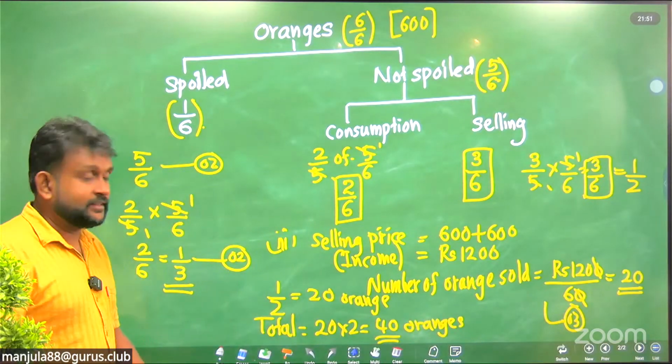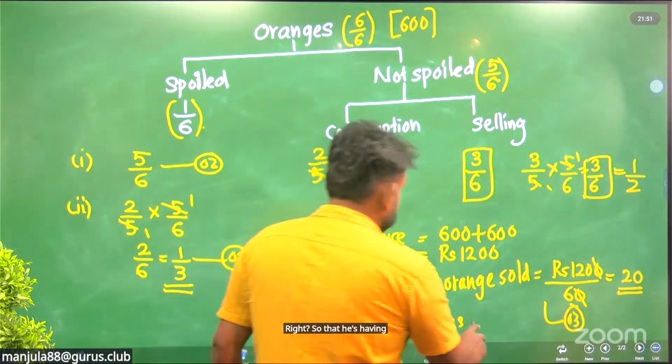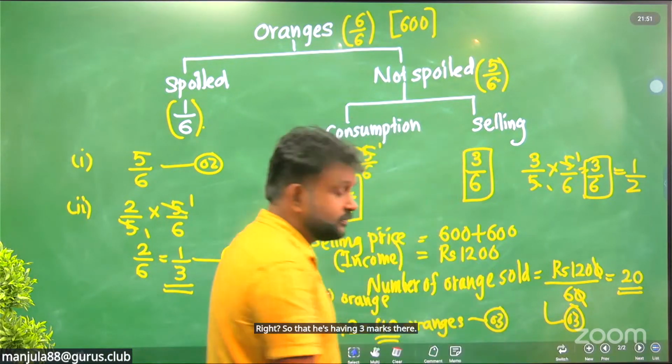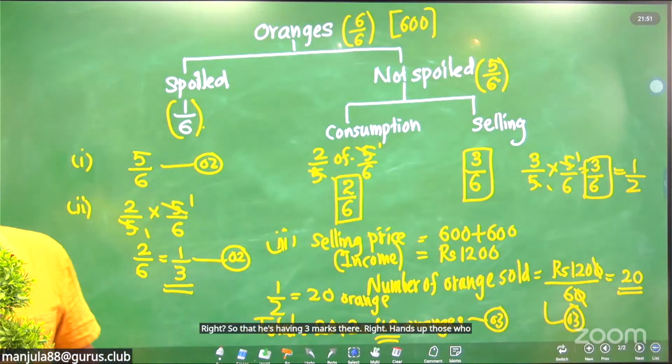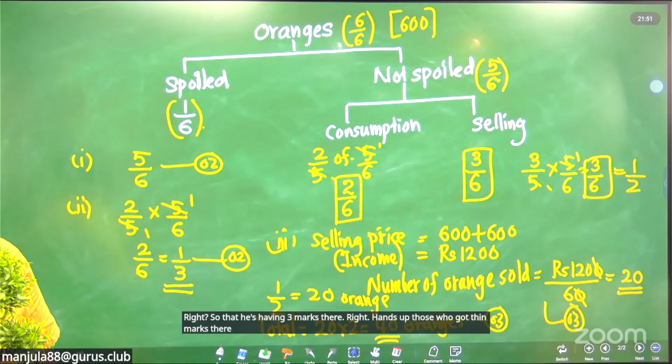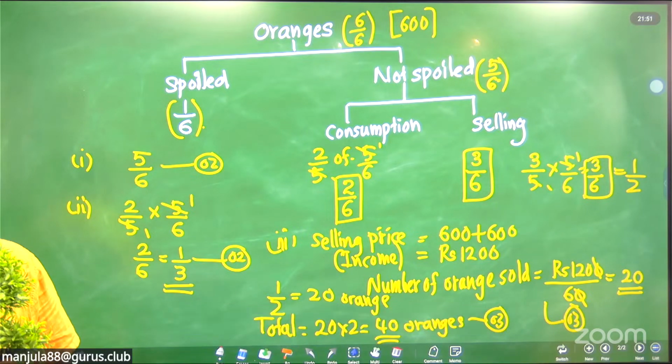Right, so that is having 3 marks there. Right, hands up those who got 10 marks there under this fraction questions. That is a very thinking question. Hands up, everyone.